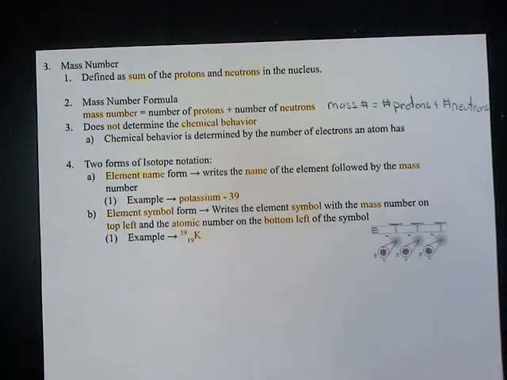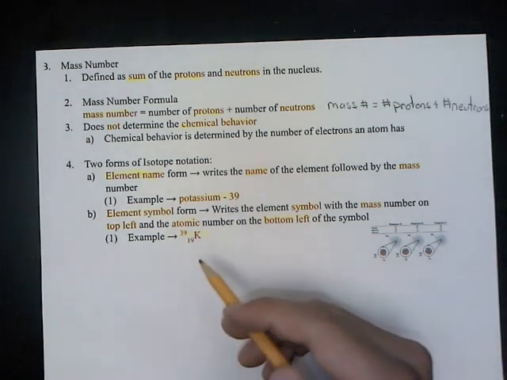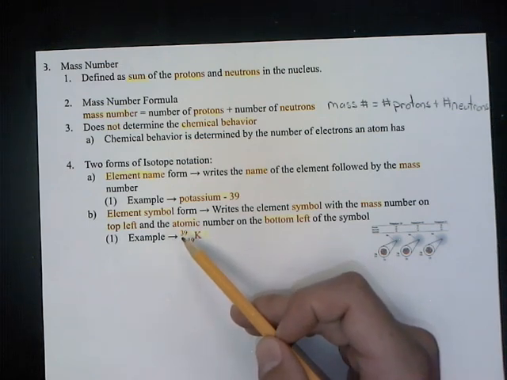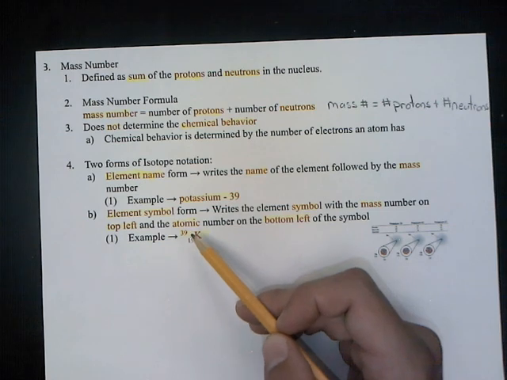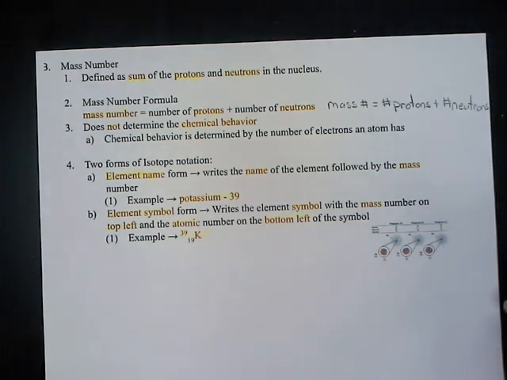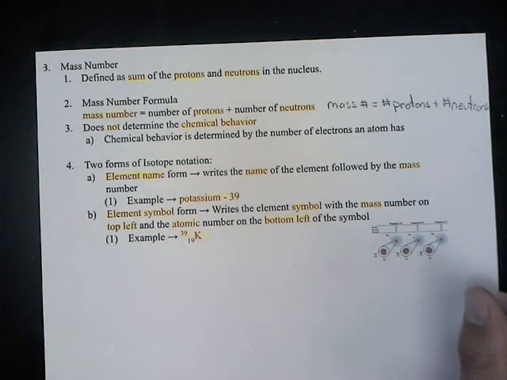The second is the element symbol form, where we put the element symbol, and in the upper left-hand corner, we put the atomic mass of that isotope, and in the bottom left-hand corner, we put the atomic number or number of protons of the element we're working with.